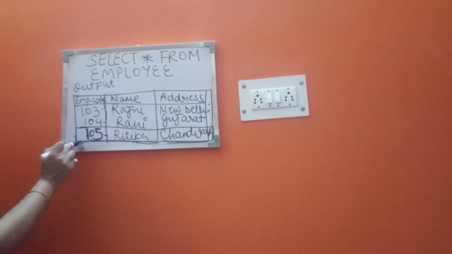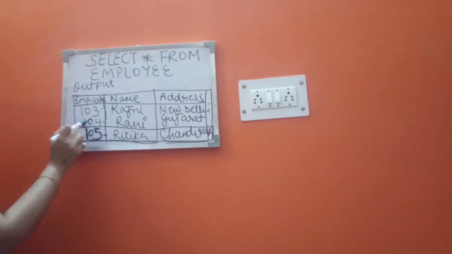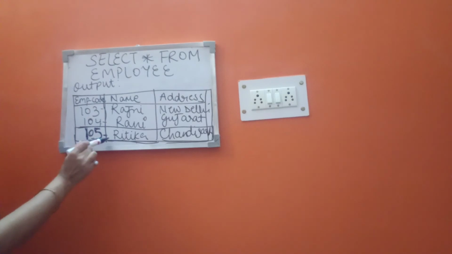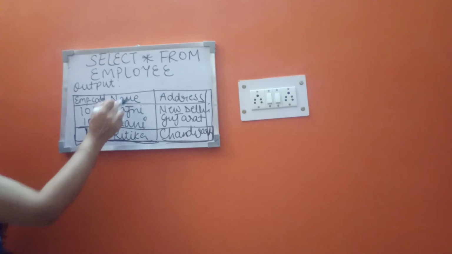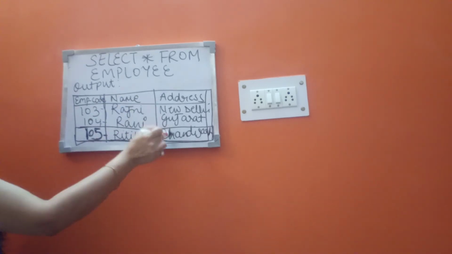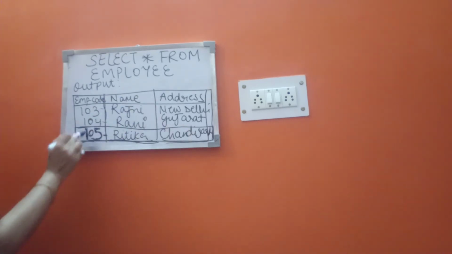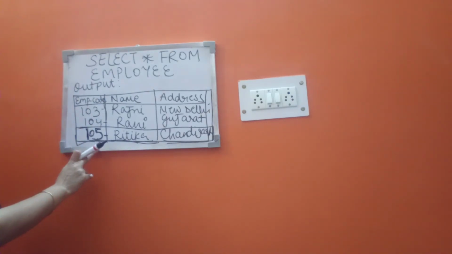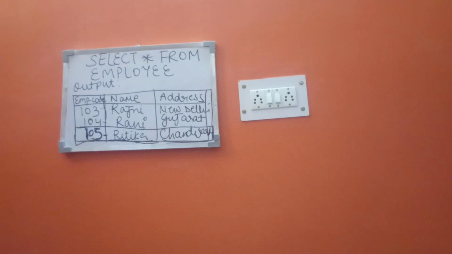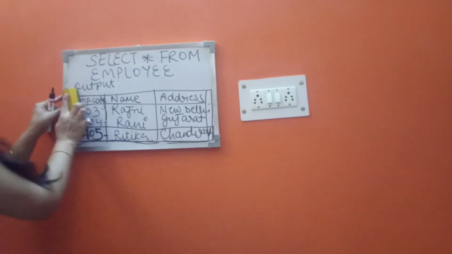Like the case here, 105 was automatically generated after 104, and the values you entered were then written under the specific columns. Under the name column it wrote Ritika, under the address column it wrote Chandigarh, and 105 was automatically generated because you created a sequence for it. So by now you must have understood why we need sequences.